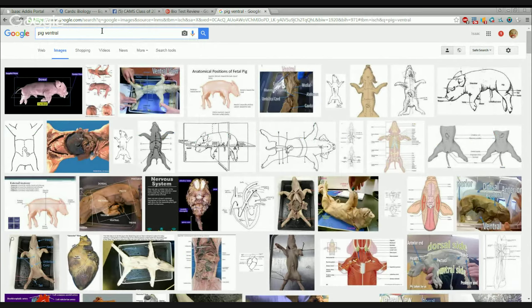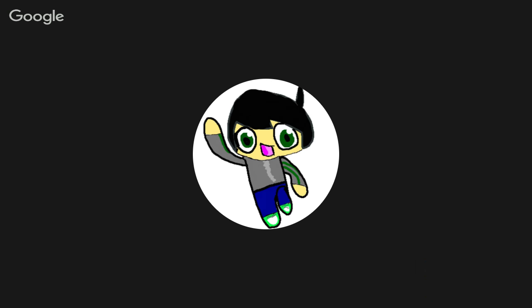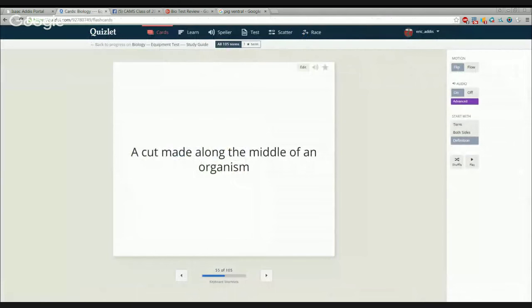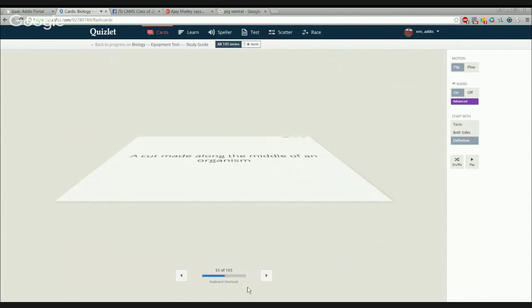If you take a look at this, we make a cut from the throat area down, and that's called the midline. That initial incision is used to open up the parts of the specimen. We call that a midline, and that's the first step we use.